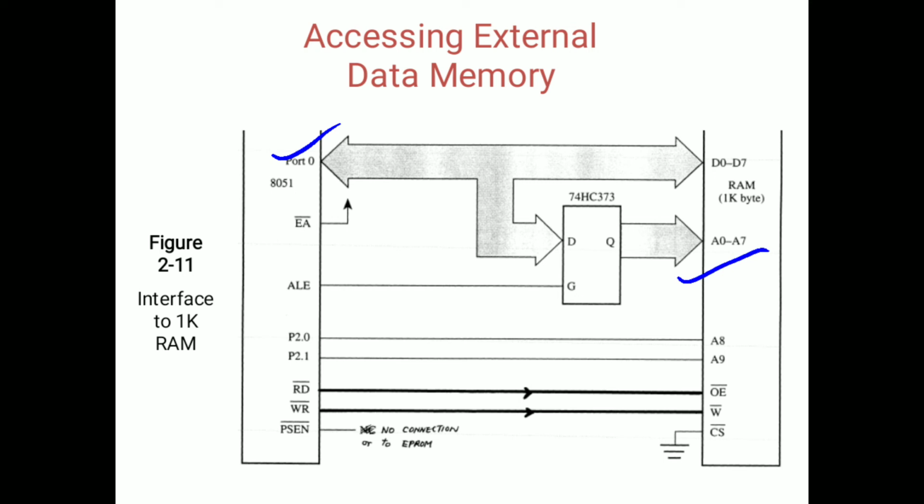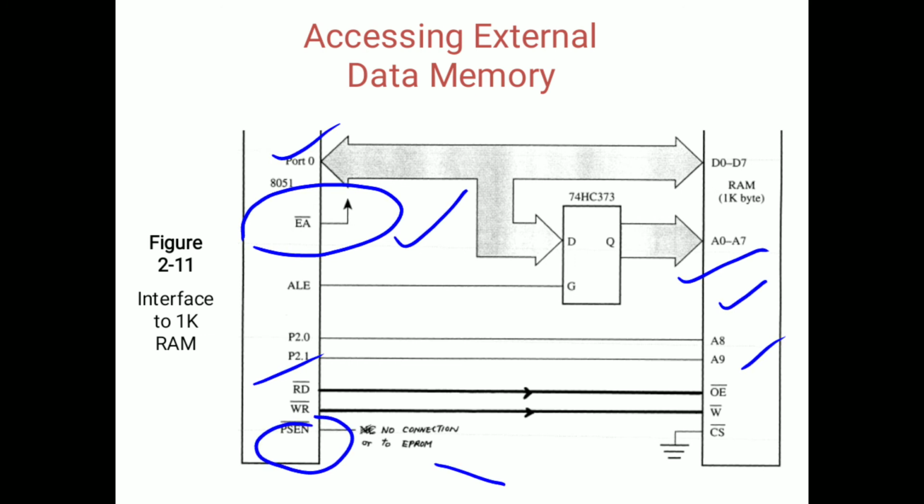In this case, EA bar will be connected to access the memory, and port 2 pins will be connected to address lines A8 and A9, along with RD bar and WR bar, because it is RAM, so both read and write operations are needed. PSEN bar will not be connected. So this is how we connect.